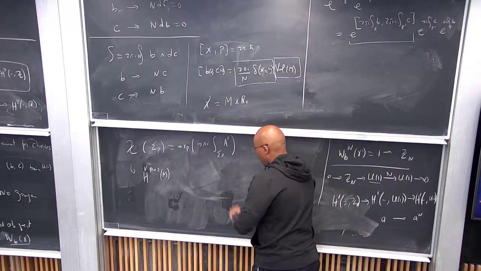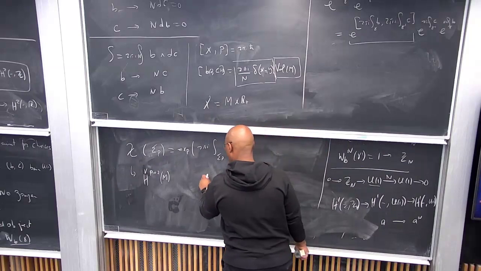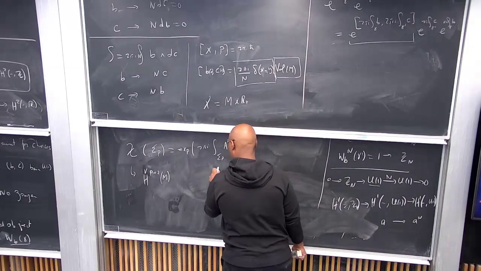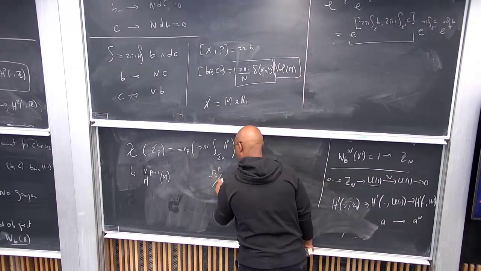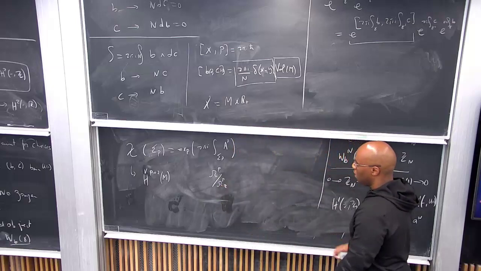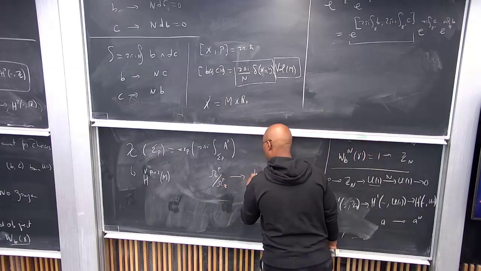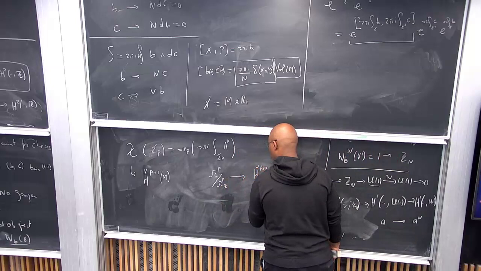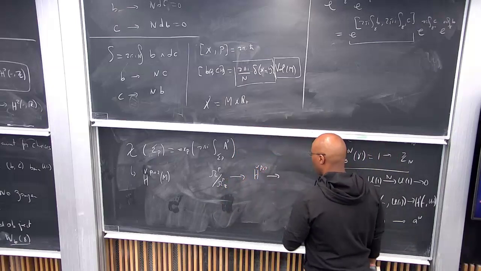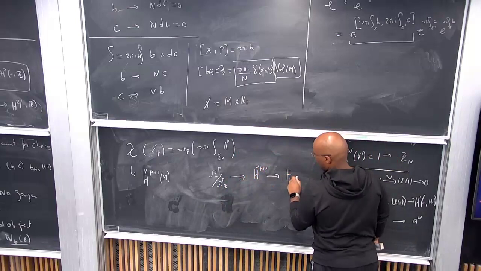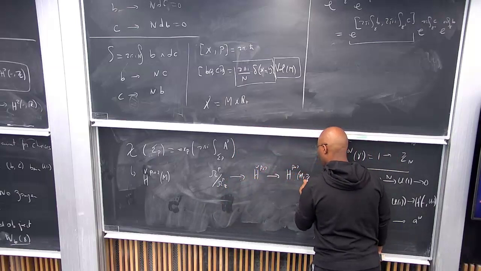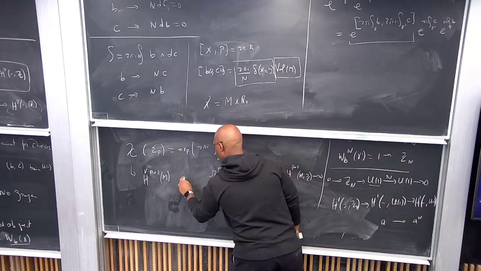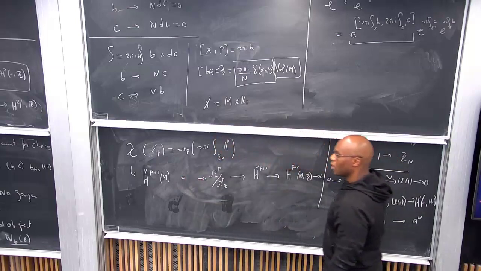So if I look at these things, I can think about a set of globally defined closed forms of P dimensions that are identified with closed forms that are integrally quantized, so that have a gauge transformation. So this is going to H-check^(P+2), go down to H^(P+2) of M, then 0. So there is this one sequence.